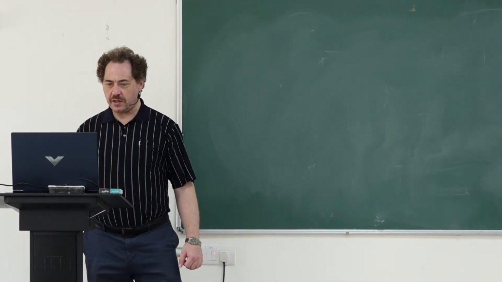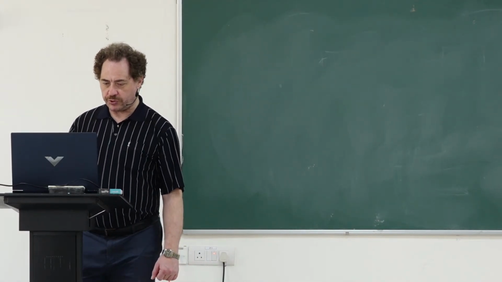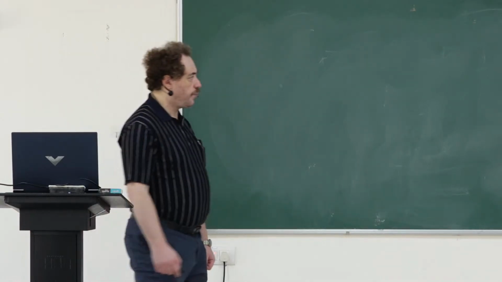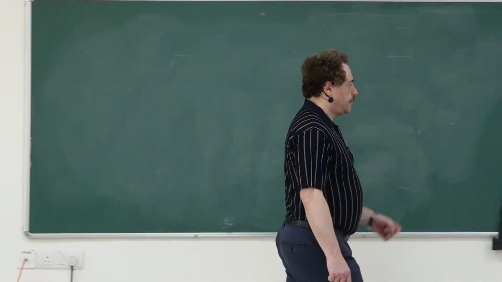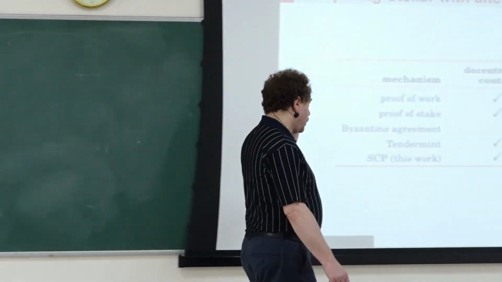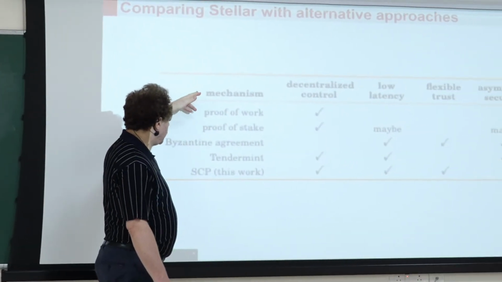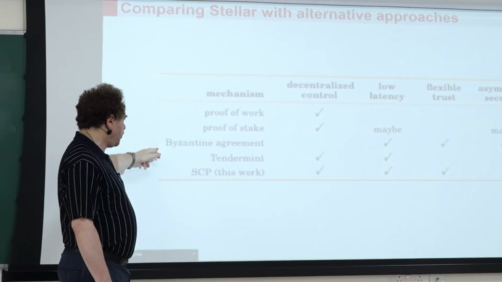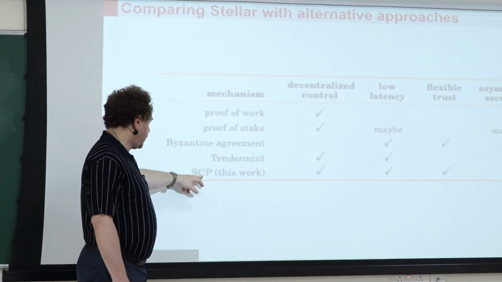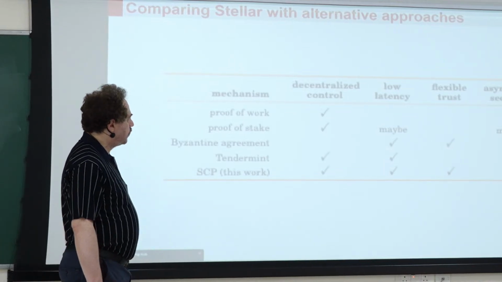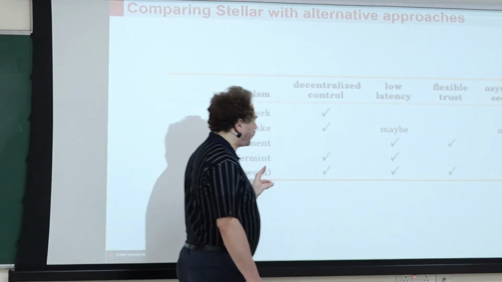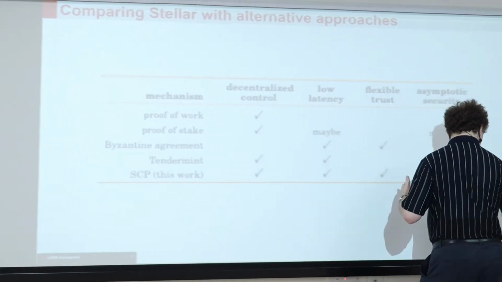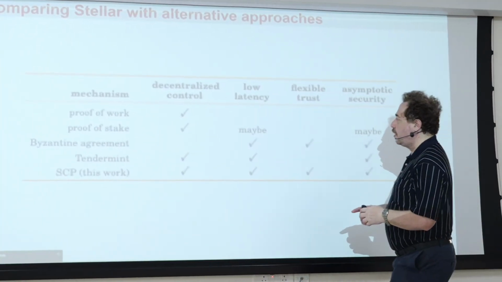So how does Stellar compare with alternative approaches? Here the mechanisms are proof of work, proof of stake, Byzantine Agreement Protocol, and Stellar Consensus Protocol. And the dimensions of comparison are as follows.